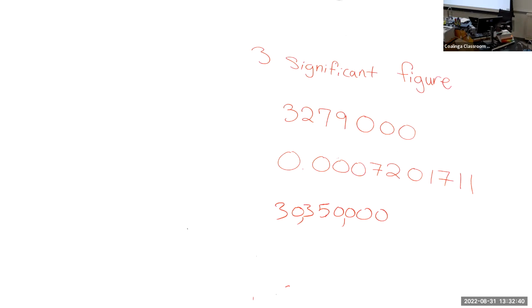Dr. Henry, that first one is 3 million. This one here? Yeah, that's 3,279,000. The goal is to get 3 significant figures. You guys are there. Don't overthink it.